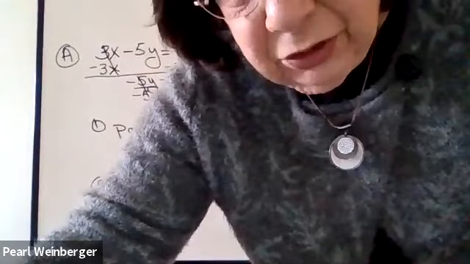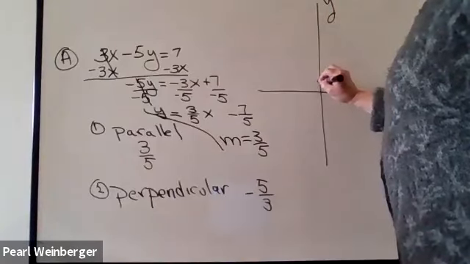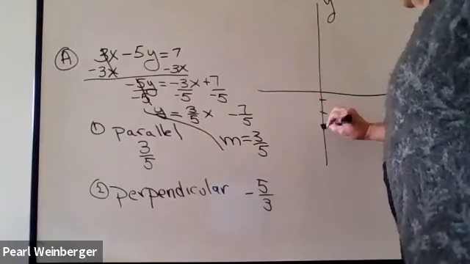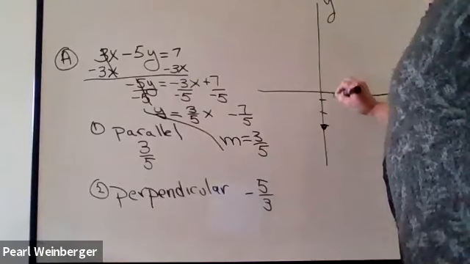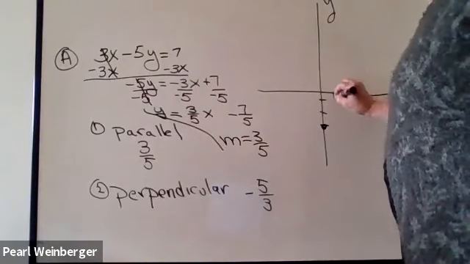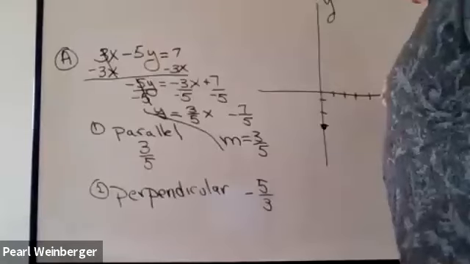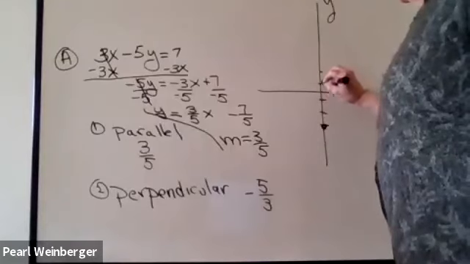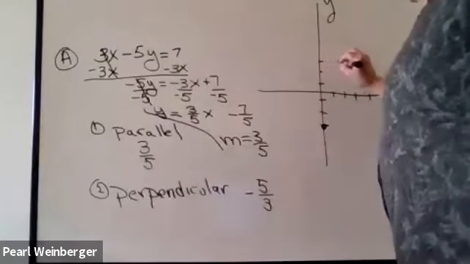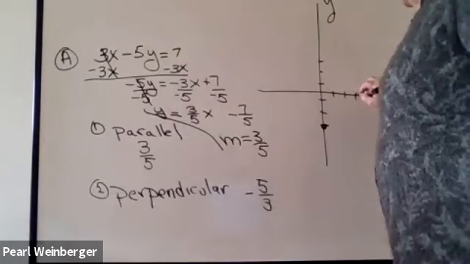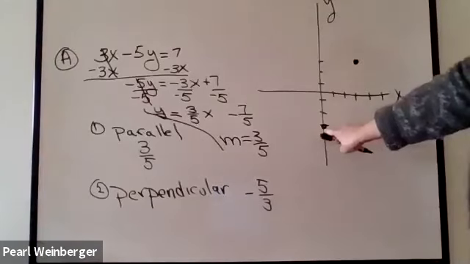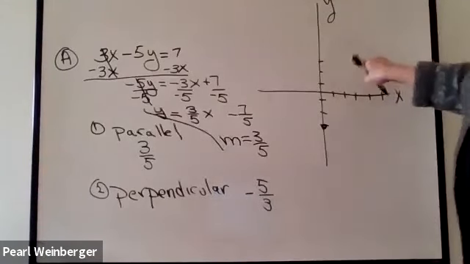Let's say x-axis, here's my y-axis. Let's go to 1, 2, 3. Push the red button. Okay, so I have 1 point over here and 1 point over here.